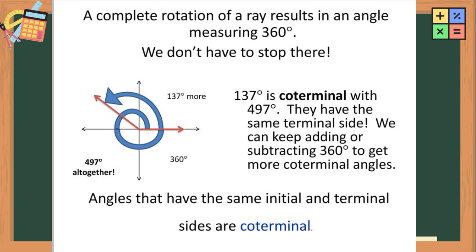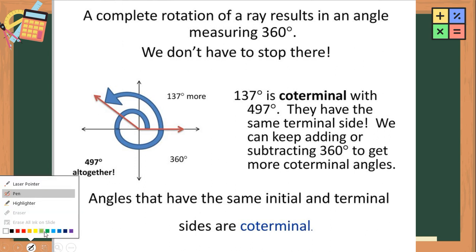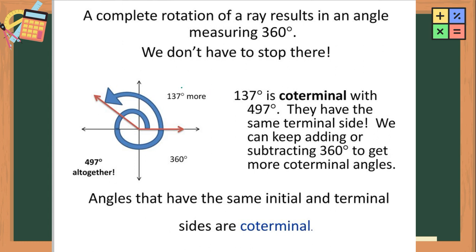Okay. Dito, binigay na measurement is 137. Then we're going to find the coterminal of 137. As you can see, we have 497 here. So, anong ginawa niya? 137 plus 360, what is the answer?